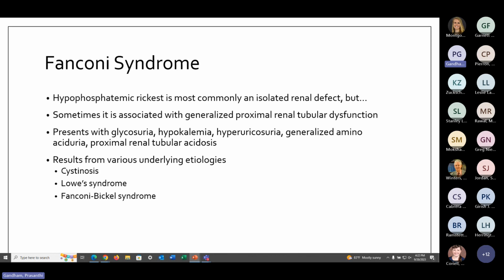There are a number of different etiologies that can cause Fanconi syndrome, such as cystinosis, Lowe syndrome, or Fanconi-Bickel syndrome. And treatment of the underlying etiology is what's going to result in a resolution of the phosphate wasting and prevention or resolution of rickets and osteomalacia.